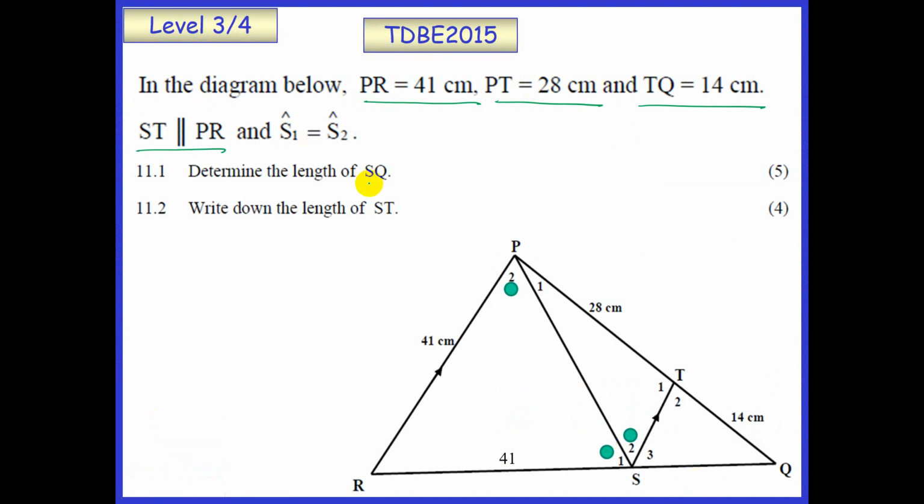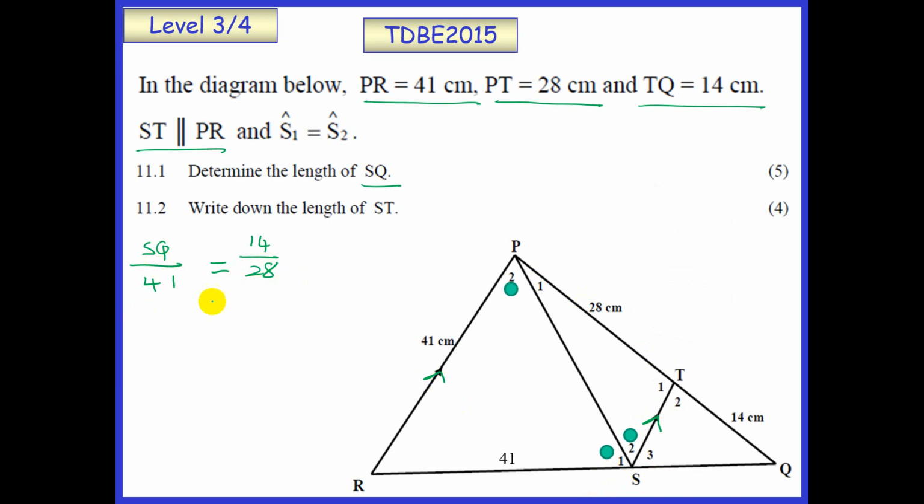Remember, our question is to find SQ. So I'm going to start with SQ over SR, which is 41, is equal to QT, which is 14, over TP, which is 28. And your reason there that you need to write down is proportion theorem, ST is parallel to PR.